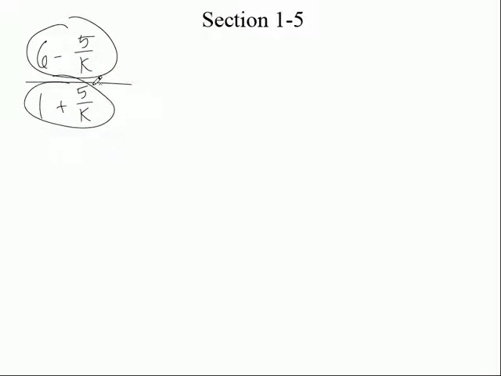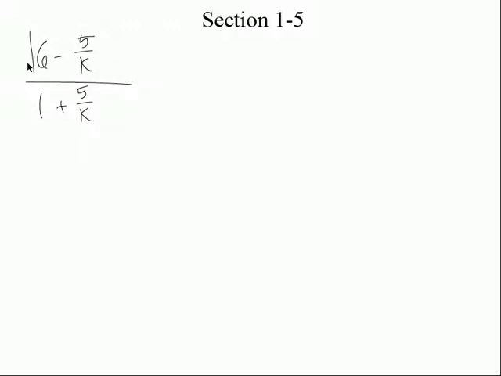Do you see you have a fraction inside a fraction? That's why it's called a complex fraction. So the first thing we want to do is simplify the numerator, simplify the denominator, and then we can apply what we just learned as far as multiplying by the reciprocal. We don't want to do that yet, okay? Don't try to multiply by the reciprocal just yet. Let's take this and simplify it before we do anything else.